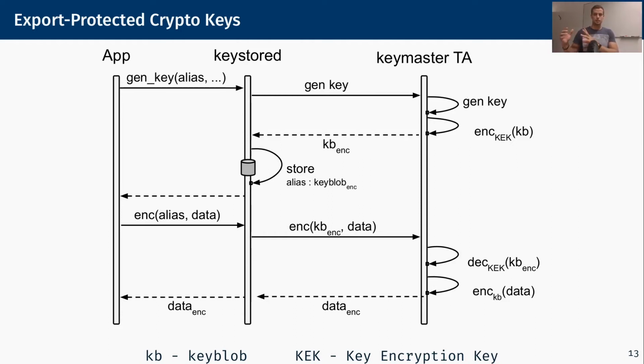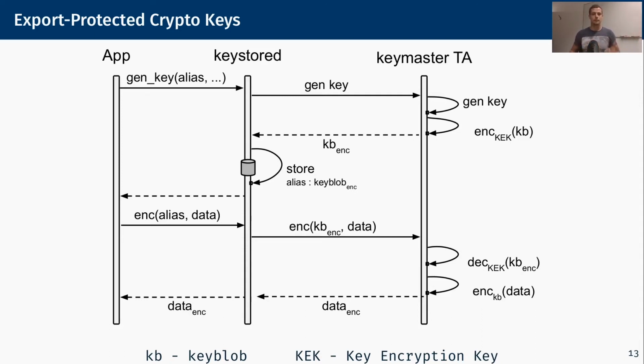So the keymaster trusted application generates this key, and then using a key encryption key encrypts this key and puts it into a structure with some metadata. And this encrypted key blob is sent back to the keystore daemon, and the keystore daemon basically manages the access to these key blobs for multiple applications.